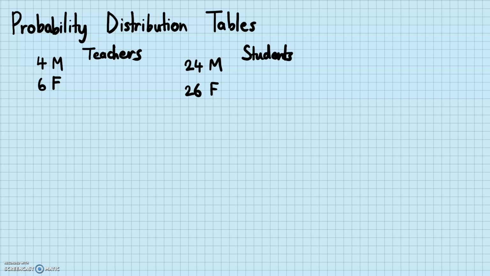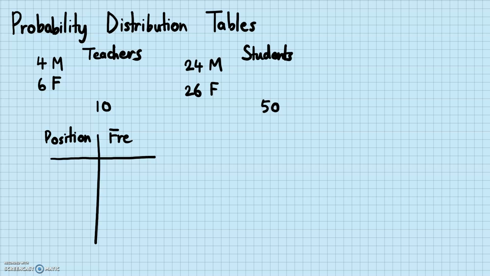The first time we just organized it into teachers and students. So there are 10 teachers total and 50 students total. And the way to do this is that we have the position in one section and the frequency in the other section.